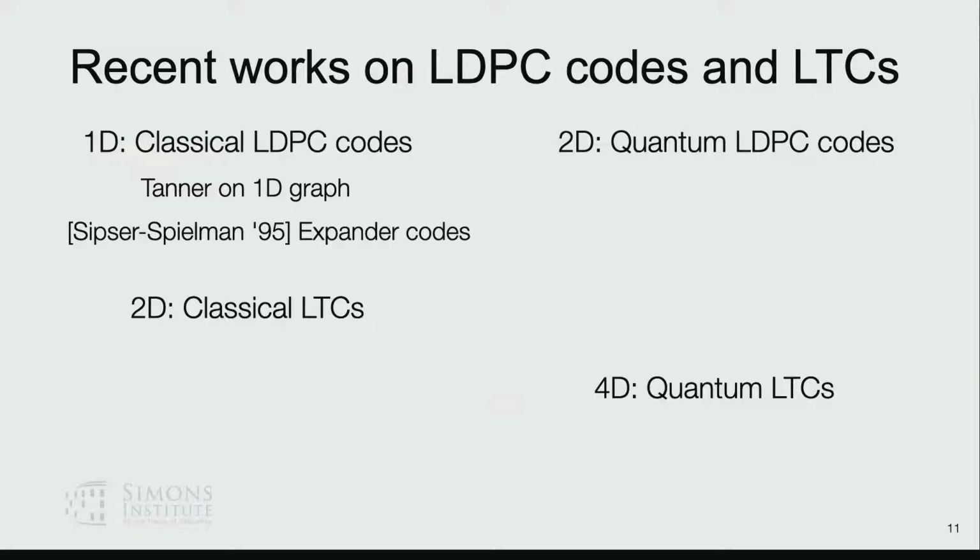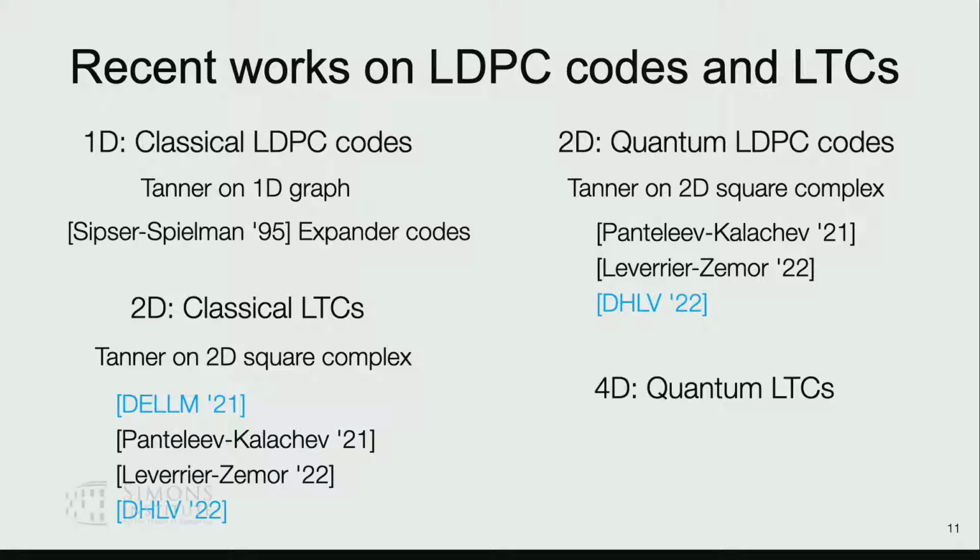The recent breakthroughs on quantum LDPC and classical LTCs are Tanner codes built on two-dimensional square complexes. For us, we are doing a similar construction, but in a four-dimensional cubical complex, and we'll explain more about that later.